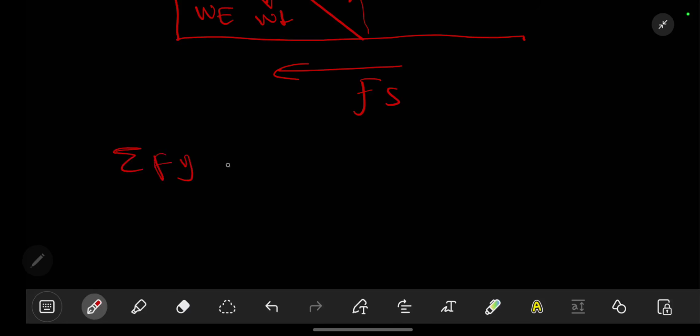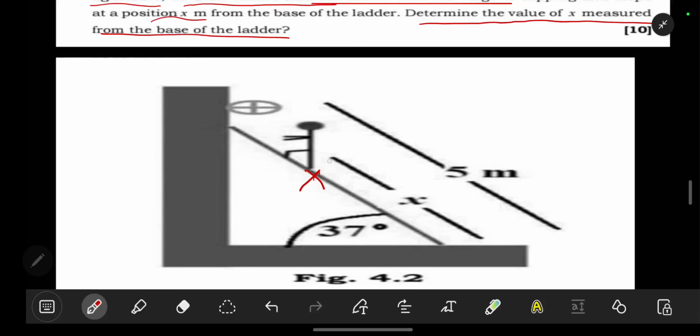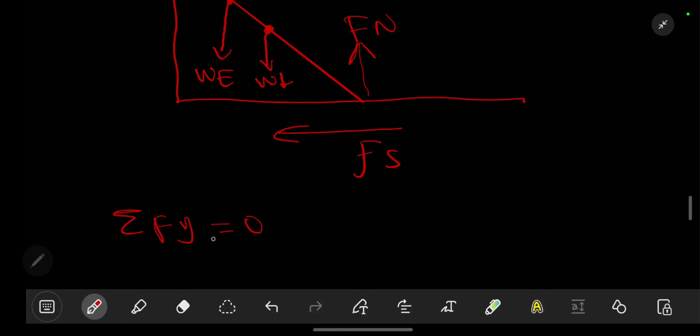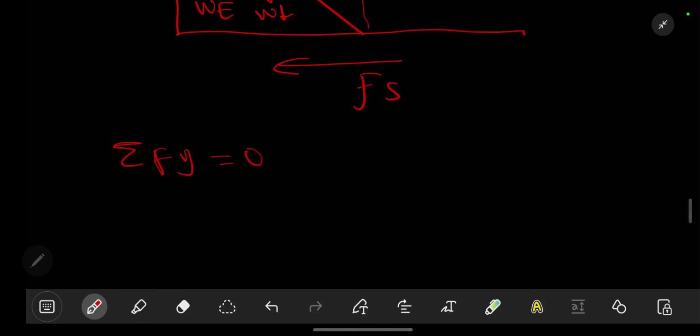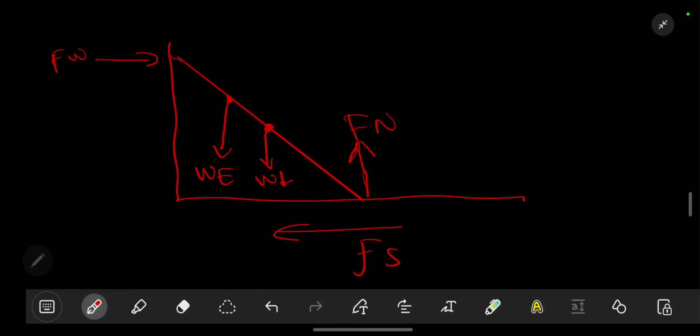forces in the y should be equal to 0. So what do we want? We want to know how far it can go up, but the only way you can get distance is using torque, and we can't go direct. Let's first deal with the forces in the y, because we will need them. The one that is pushing up is the normal force.